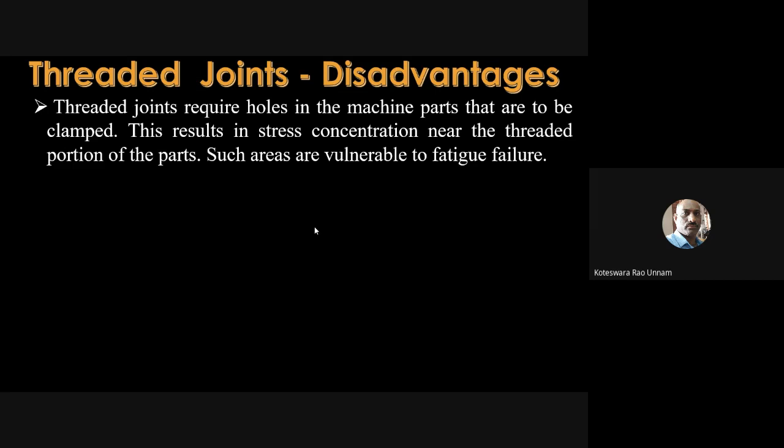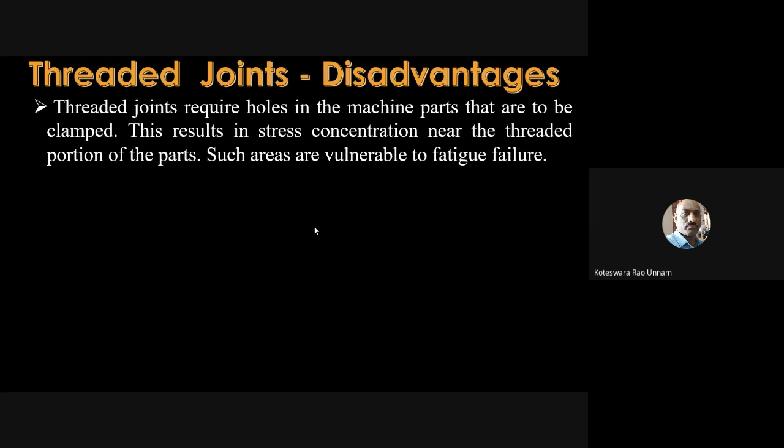Not only that, in a threaded joint, threads are cut on the bolt as well as on the nut. Because of these threads cut on that portion of the part, there is a variation in the geometry.